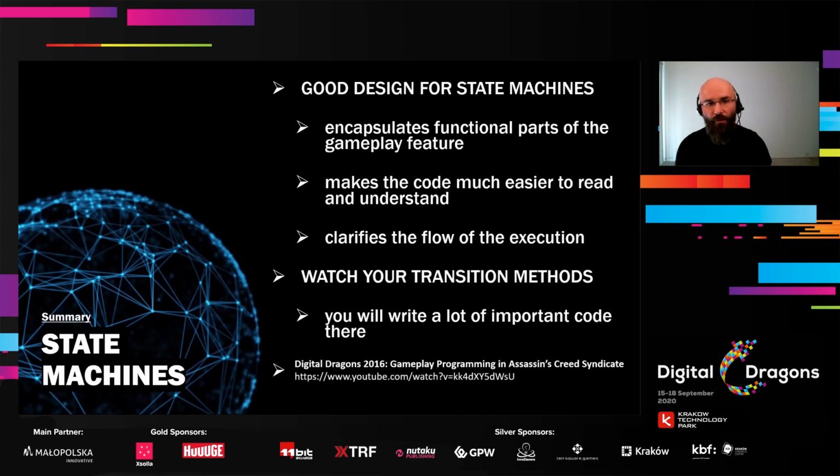Because a good design for state machines encapsulates the functional parts of some specific feature in your state or multiple states. It makes the code much easier to read and understand, and it clarifies the flow of execution of your logic. And your transition methods are really important, because you should actually use these places to write some important code.